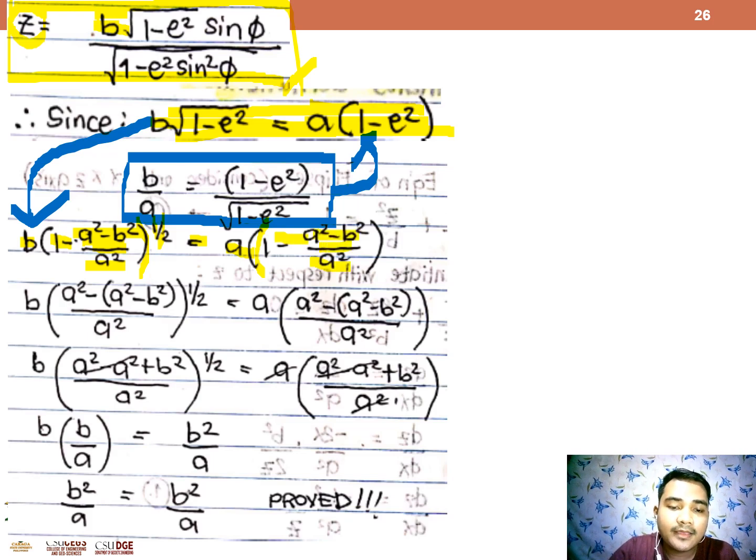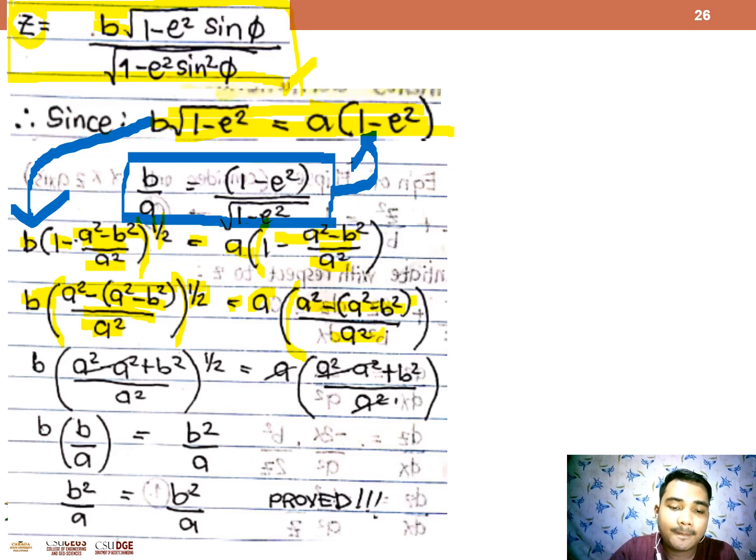Doing mathematical manipulations, we have b times a squared minus the quantity a squared minus b squared all over a squared, and we take out a common value, which is a squared, raised to the power of 1/2, equal to a times a squared minus the quantity a squared minus b squared all over a squared.